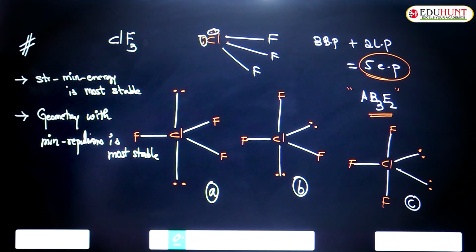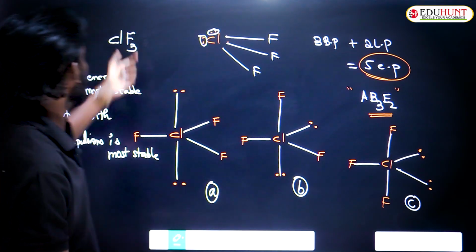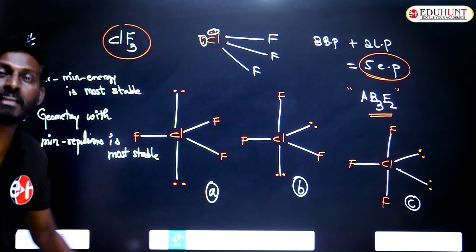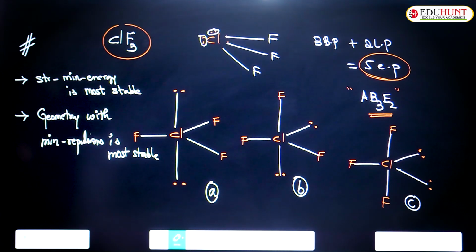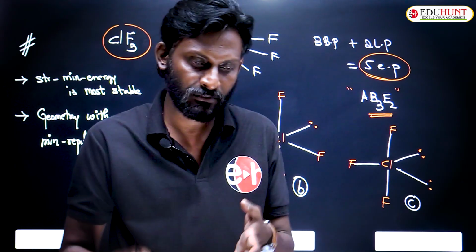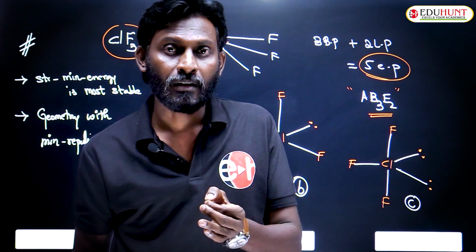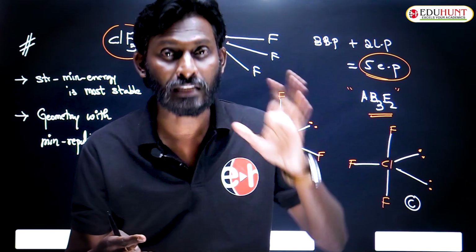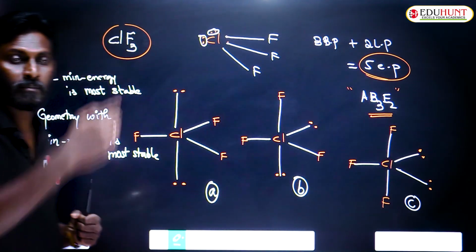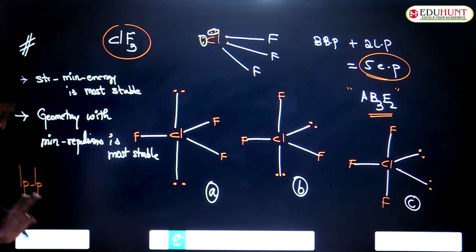Among these three structures, to find which structure is correct for ClF3, we need to determine in which structure there is minimum repulsion. And what point do we apply to find that out? Yes, again VSEPR theory. In VSEPR theory, proposed or developed by Nyholm and Gillespie, they said that lone pair repulsion is more than lone pair bond pair repulsion, right? Lone pair repulsion means the repulsion between two lone pairs.